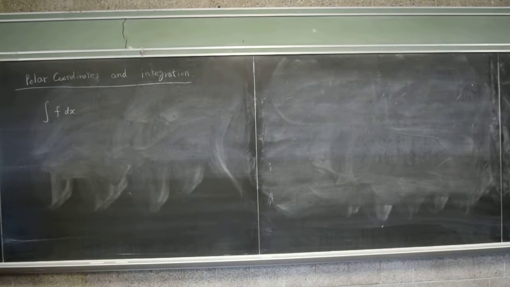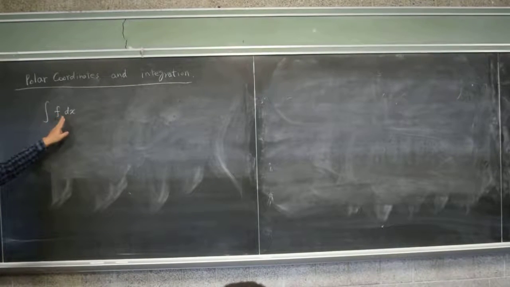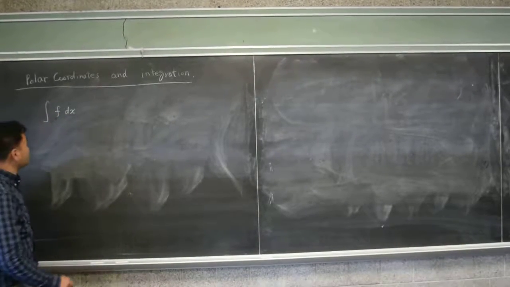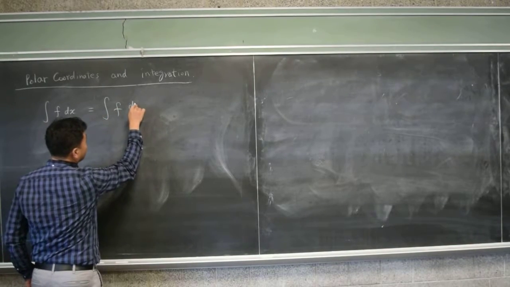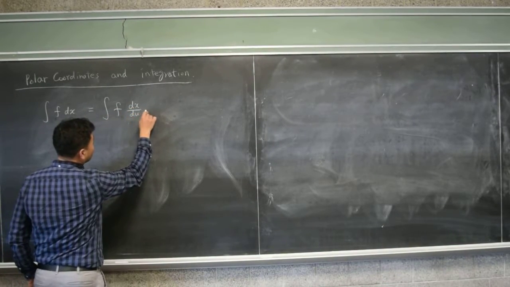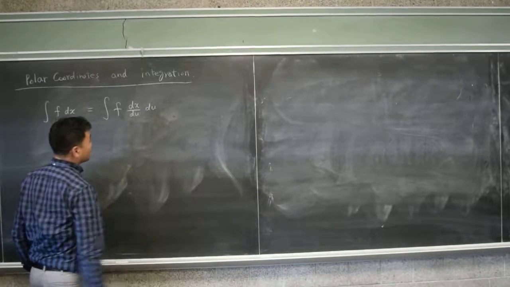If f was a function of x, and now you're trying to define u as a function of x, and you want to go from f dx to f du, the way you do this is by writing it as f times dx/du times du.